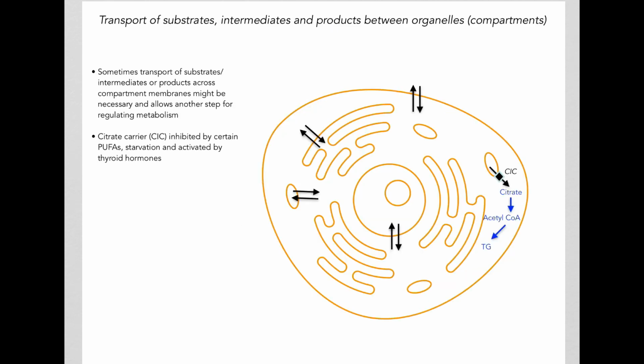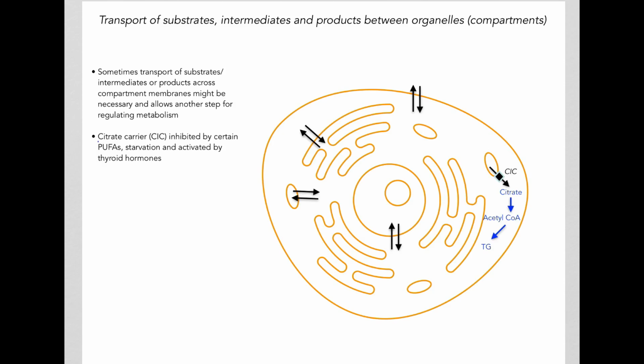In several metabolic pathways, there is a transport of the substrate or one or more intermediates or other products across the compartment membrane. And in this case, this transport across the membrane allows yet another step for regulating the metabolic pathway.